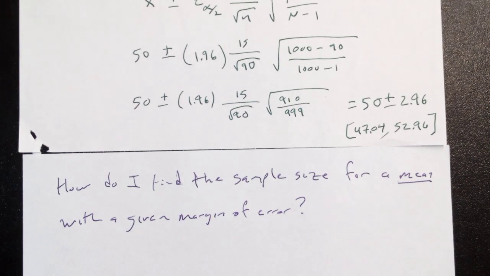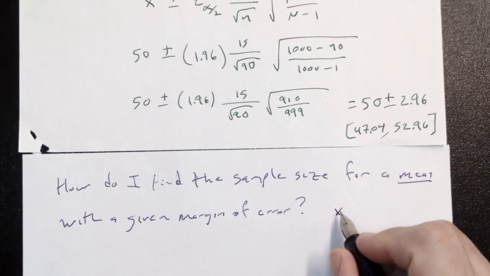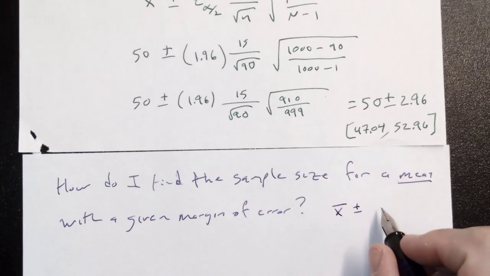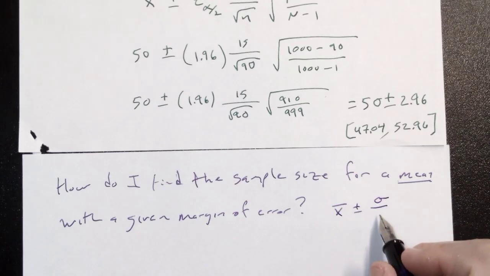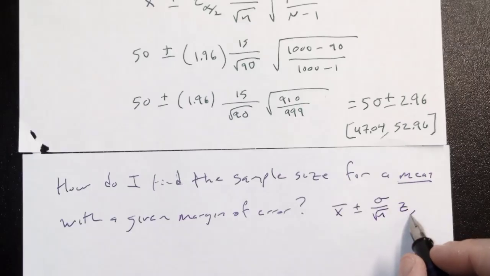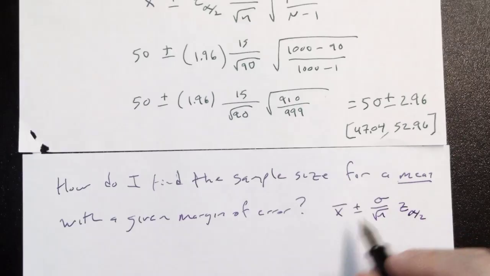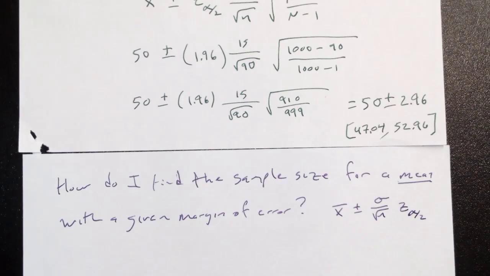If I have an effectively infinite population, then my formula looks like that. I just realized I wrote those last two terms backwards, but they're being multiplied, so it doesn't really matter what order I put them in. I normally put the Z first. I apologize. I started to write sigma before I could stop myself.